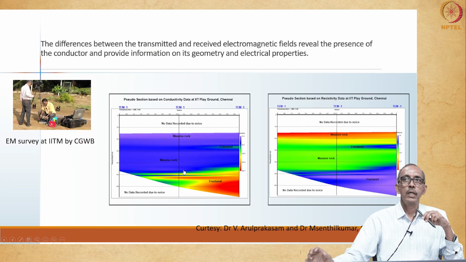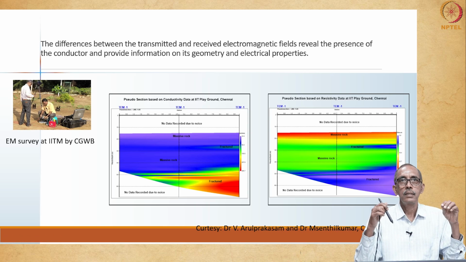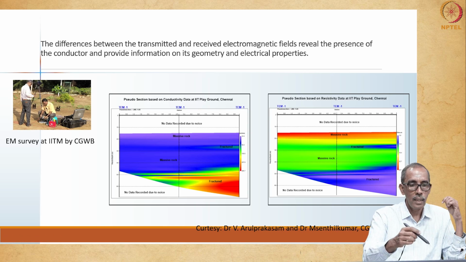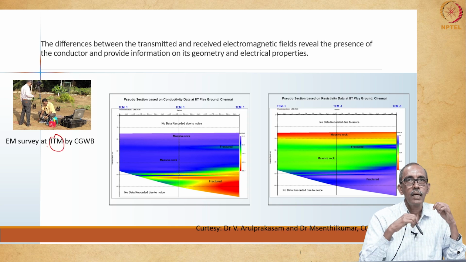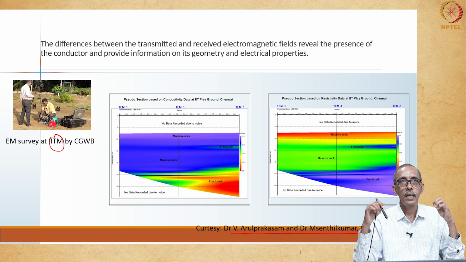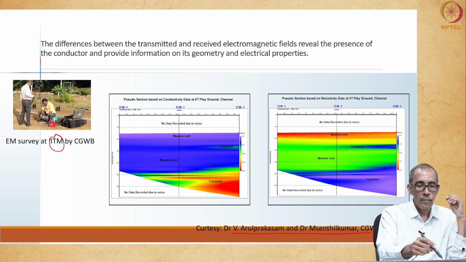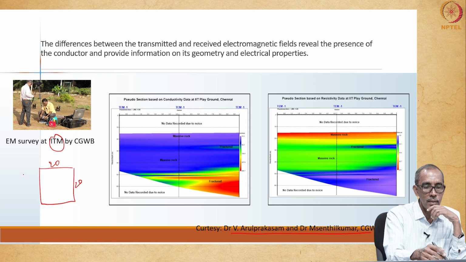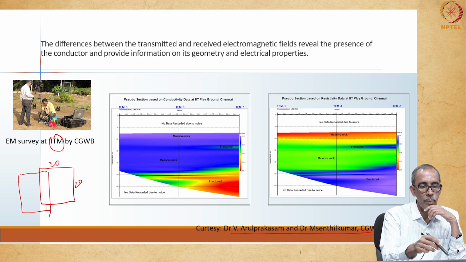Now, let us look into a ground based survey which we carried out very recently in our campus, thanks to the scientists who carried out this investigation. What we did is, we kept a transmitter coil of about 20 meter by 20 meter, and we had a receiver coil of more or less the same dimension with an overlap, something like this.